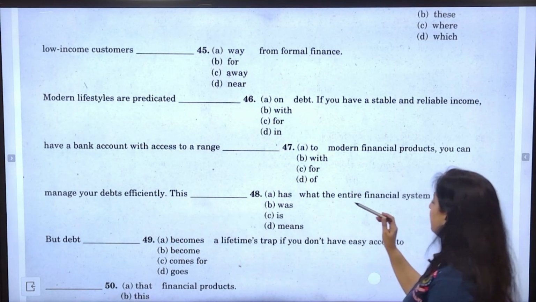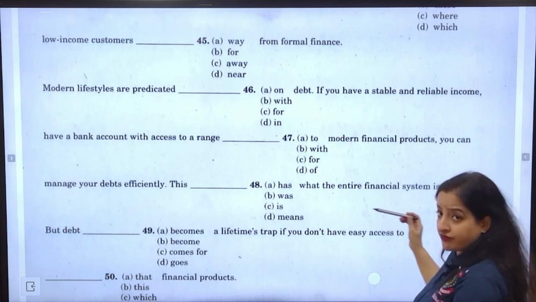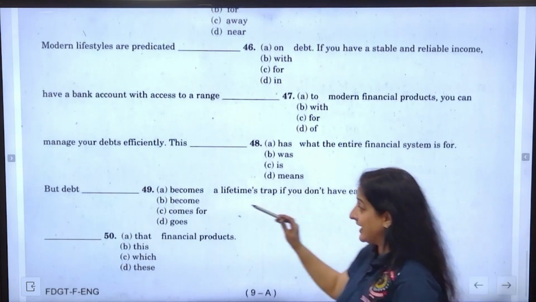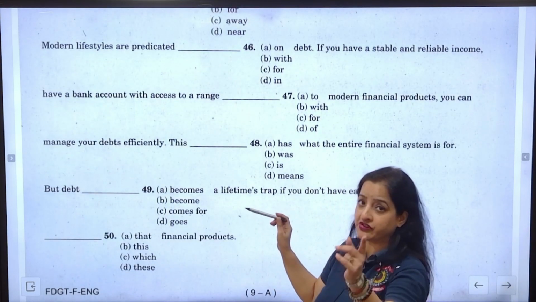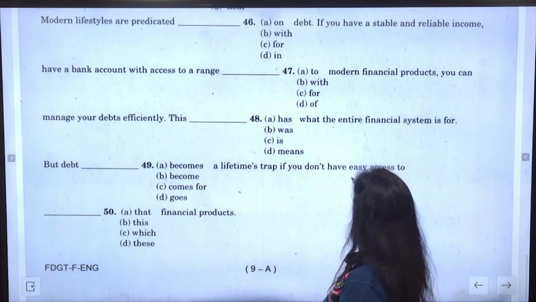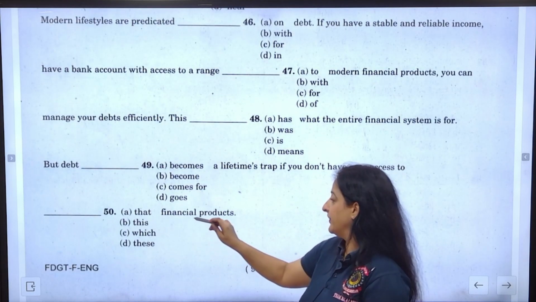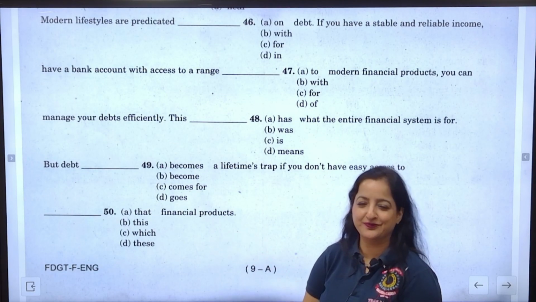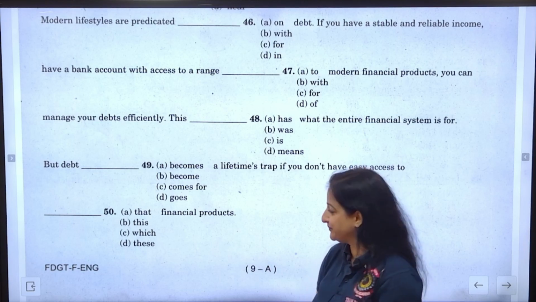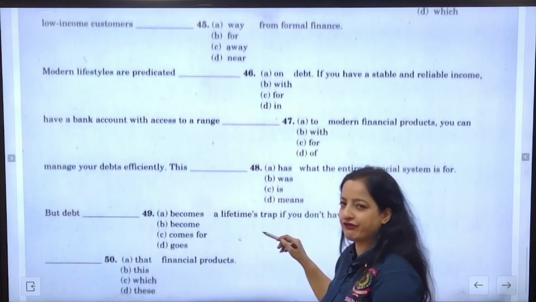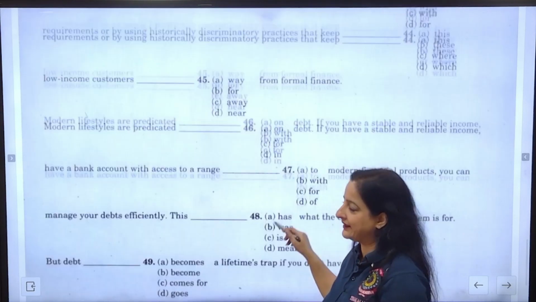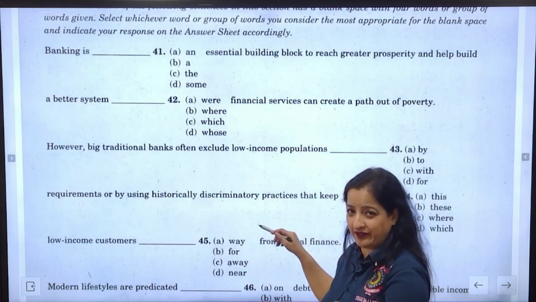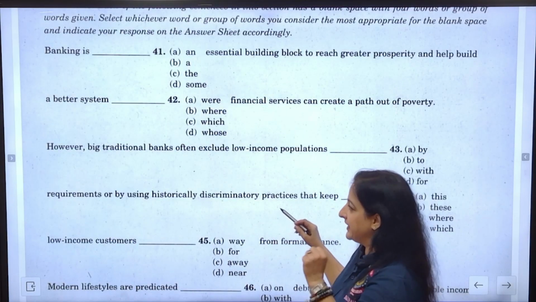This, what the entire financial system is for, but debt, a lifetime trap if you don't have easy access to financial products. Now let's start solving. So we do get a fair idea. It's about banking and tone also, context, tone, everything we get. We get some idea.